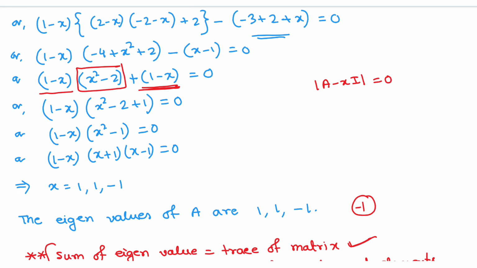Since the roots of the characteristic equation are the eigenvalues, and we denote eigenvalue using lambda, in some textbooks we use the determinant of A minus lambda I equals 0. Remember, both are correct. Ultimately, we have to find the eigenvalues.